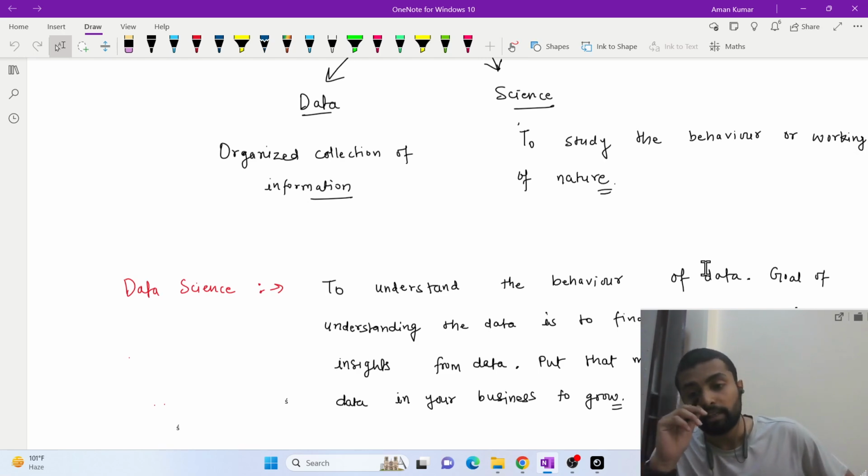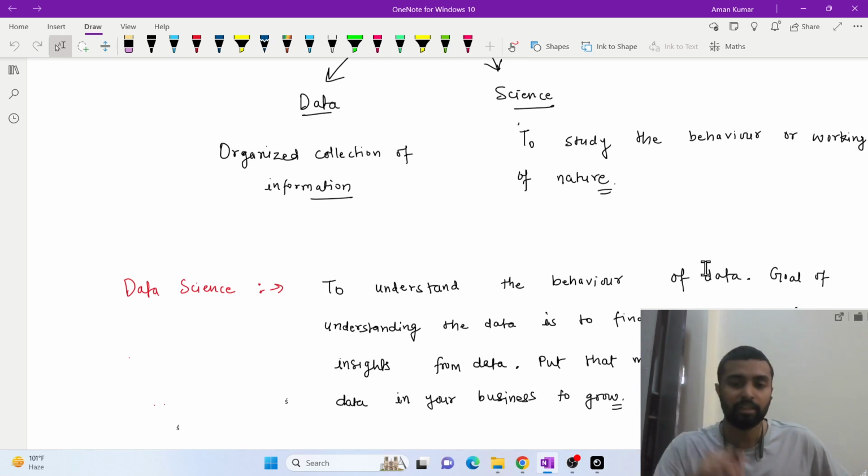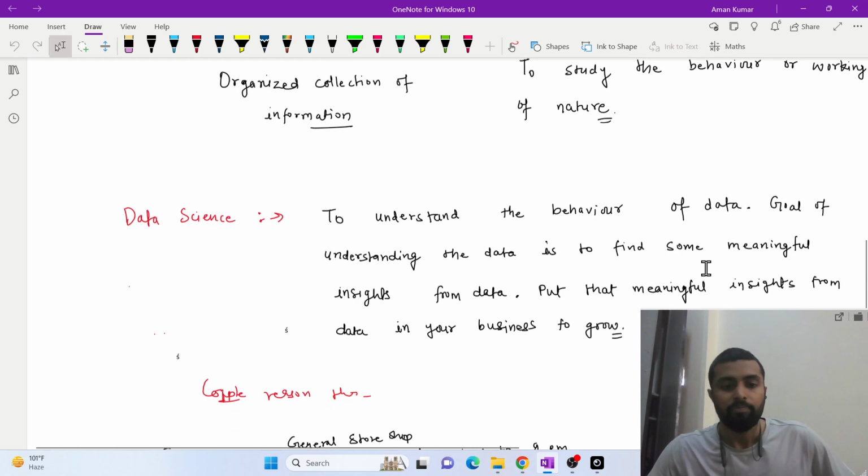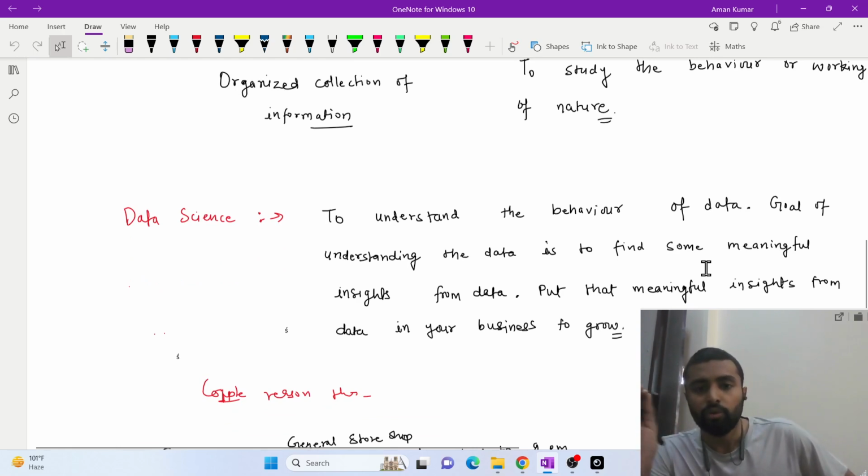Now the question you might ask: hey, why do we want to know the behavior of data, and what is data? We haven't talked much about data. We will understand this. We will take an example to understand what data science is.